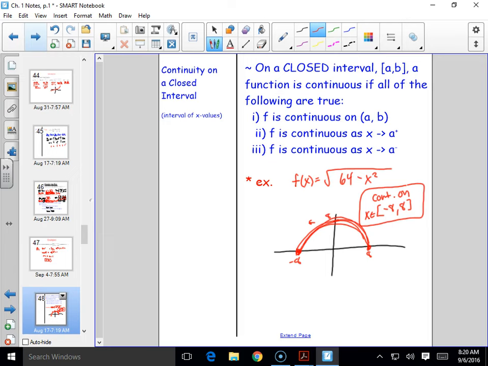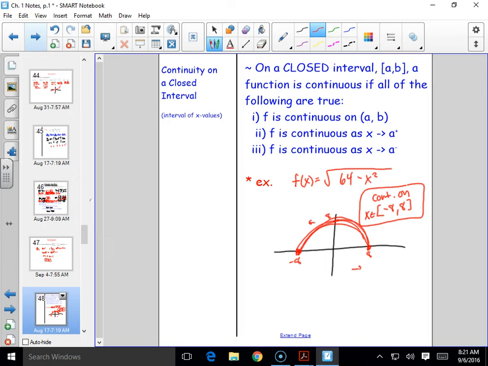And if 8 ends the interval, I'm only worried about approaching from the left, not the right. So a few of you are like, but it doesn't exist at -8. There is a quick clarification that says, no. If you're talking about a closed interval, you will just come from the one proper direction. It does not have to come from both. It's not really worth spending much more time, but any quick questions on this one?